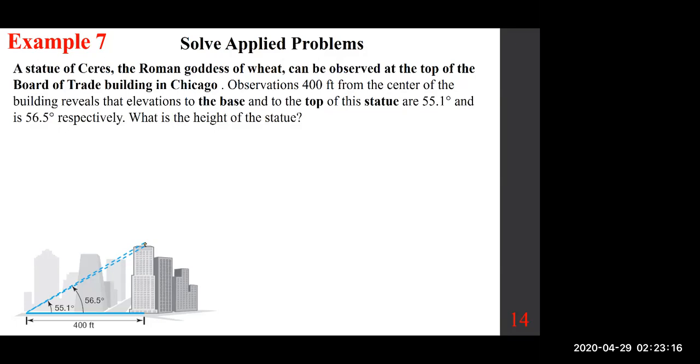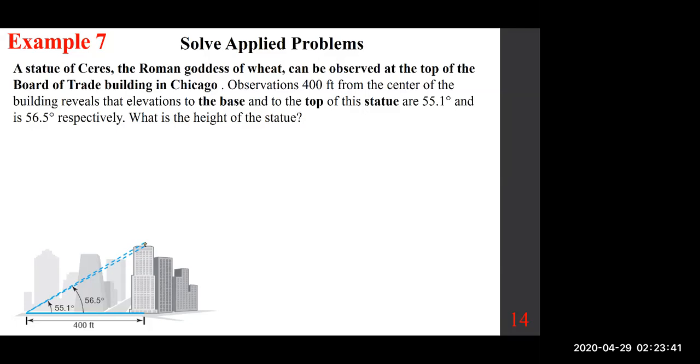So what's going on here? Okay, again, it is fascinating. I hope you find it fascinating that you can find the height of the statue without being there and actually measuring it, by using this methodology from trigonometry.